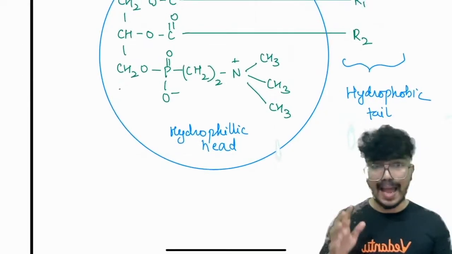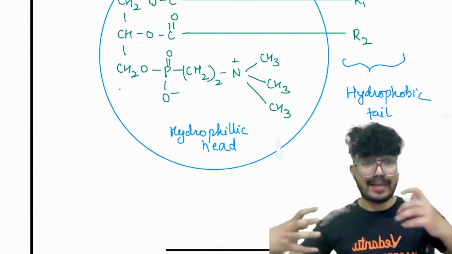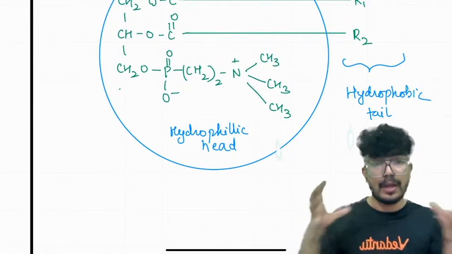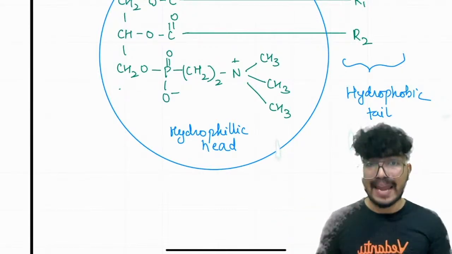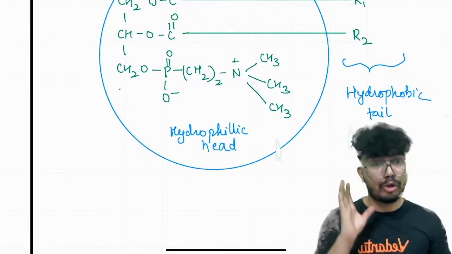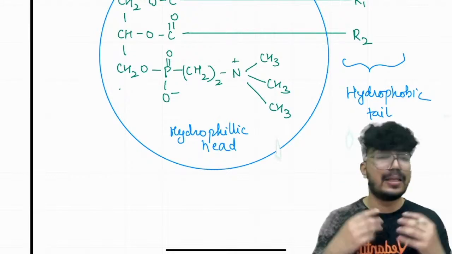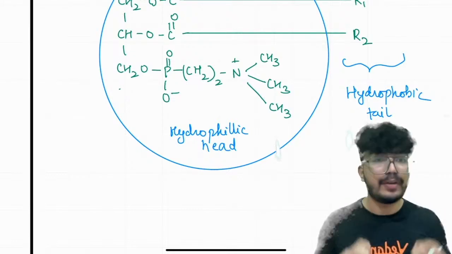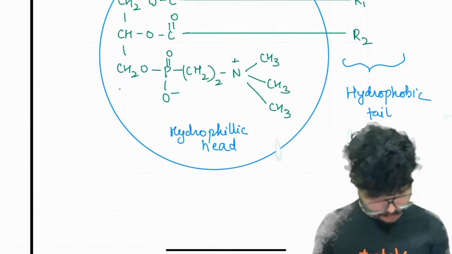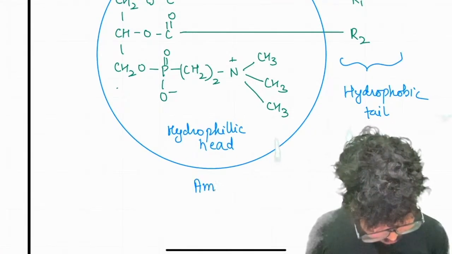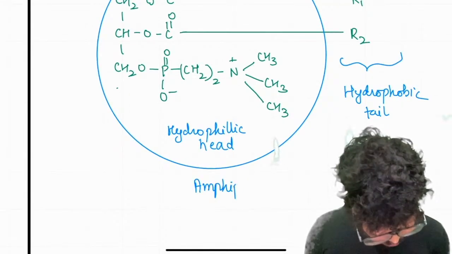Correct? A molecule having some hydrophilic groups and some hydrophobic groups is called an amphipathic molecule, right? So the phospholipids, or simply the lipids, are amphipathic molecules. So this is an amphipathic molecule.